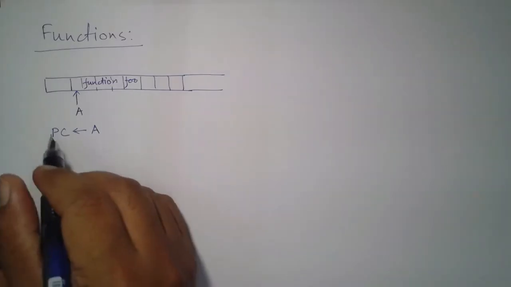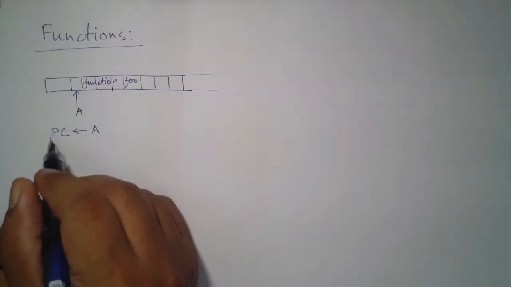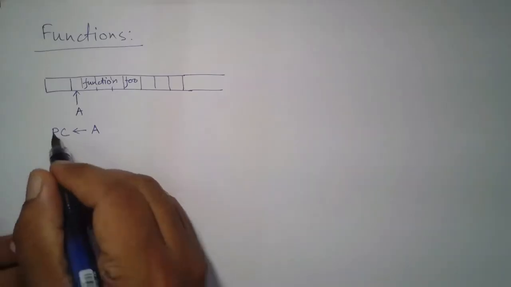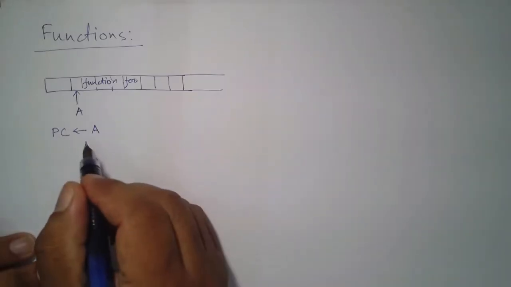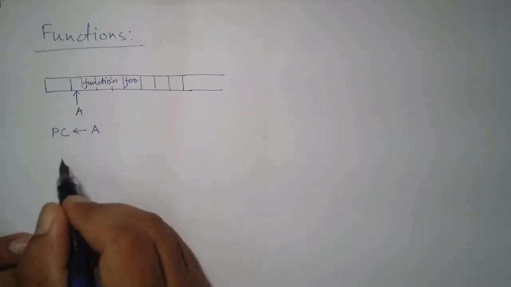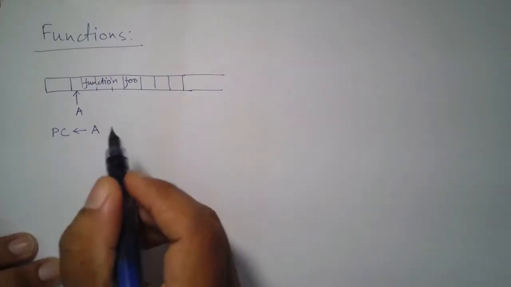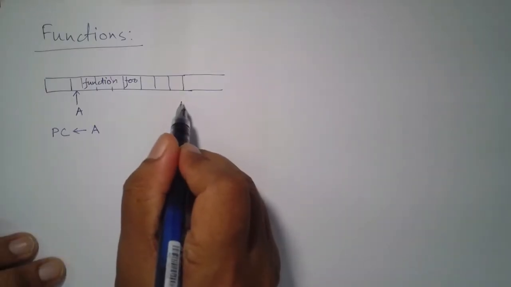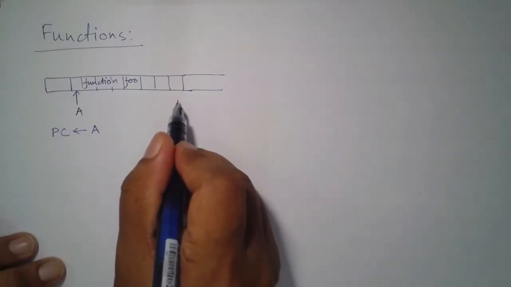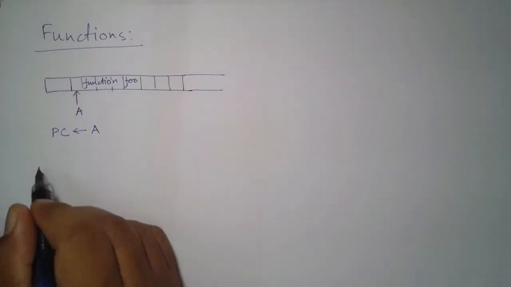So we also need to store the location of the program counter that we need to come back to after the function is evaluated and we have a return value. This address where we have to come back is called the return address.